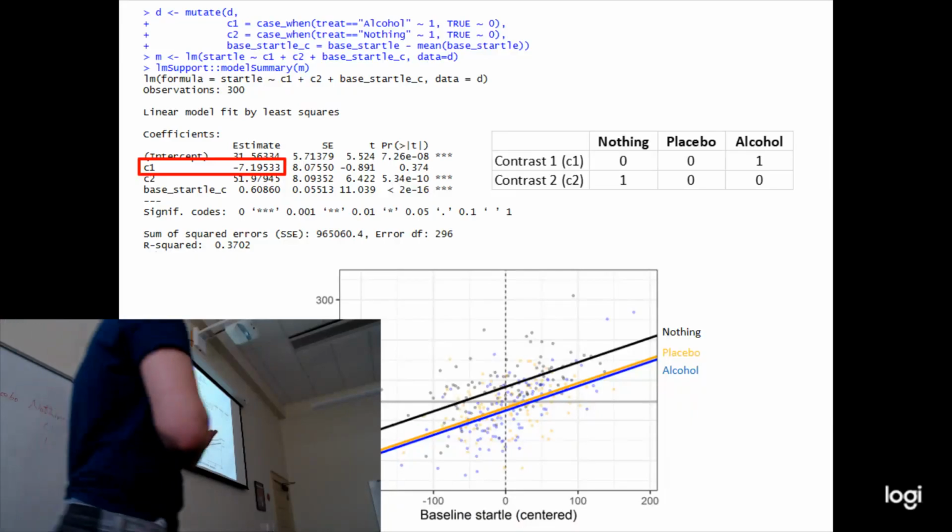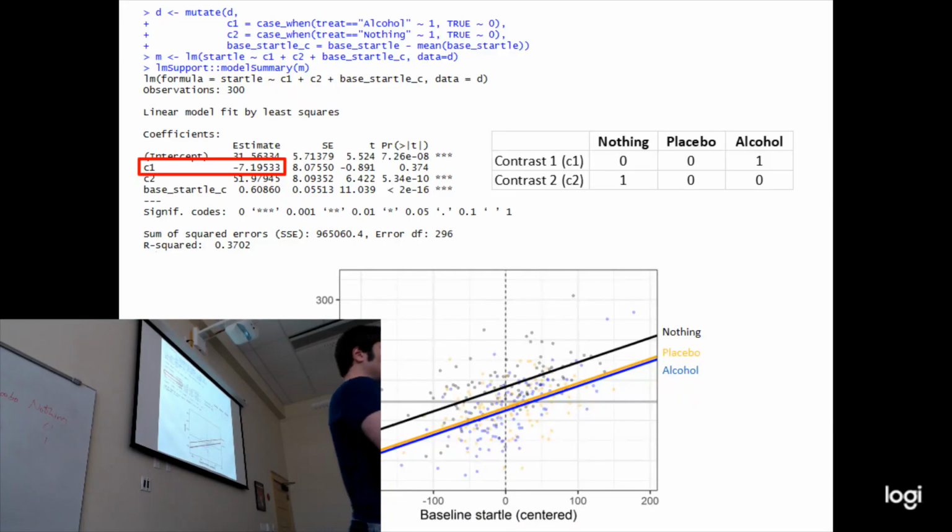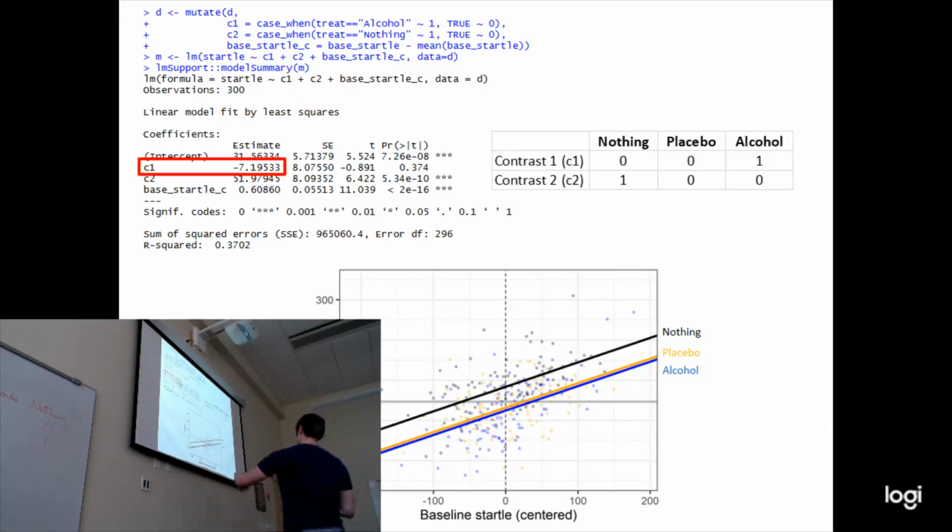Okay. What about C1? Where do you think that might be represented on this graph? That's the slope of the alcohol line, right? The slope of these lines is going to be the effect of whatever's on the x-axis. And I have baseline startle on the x-axis.